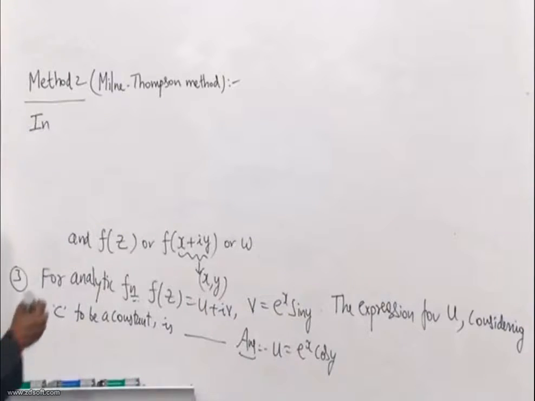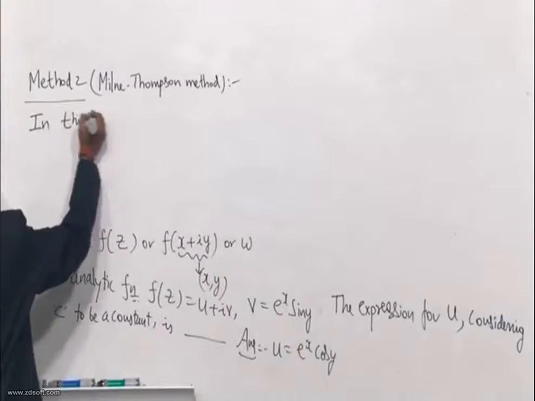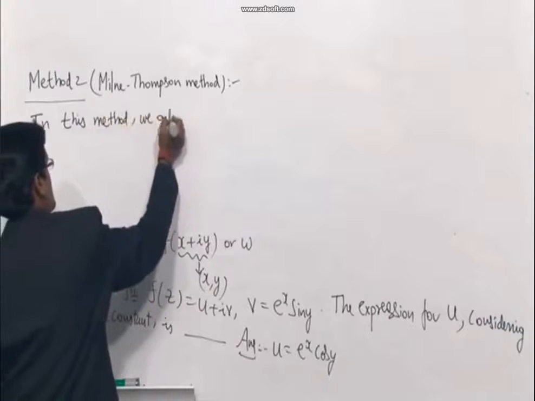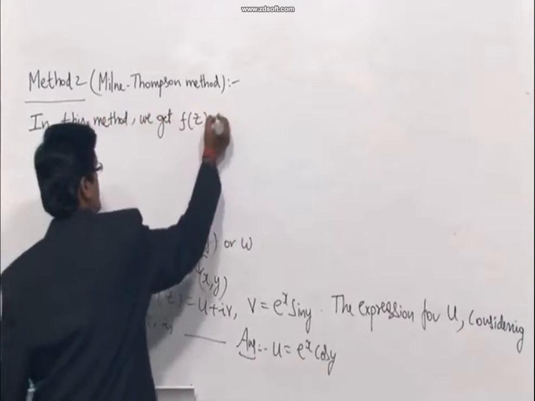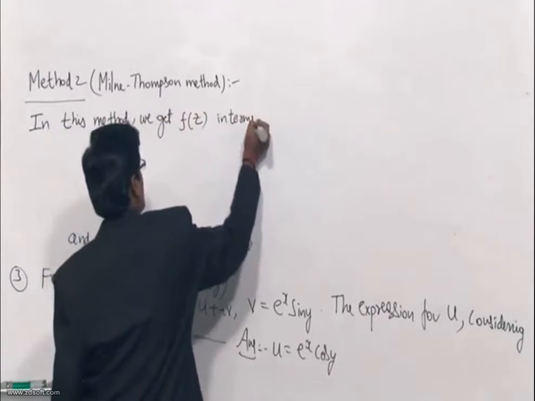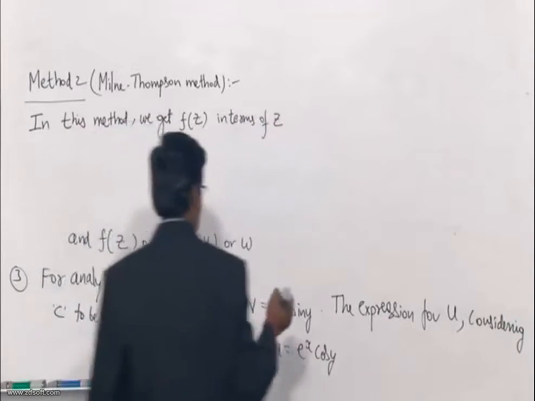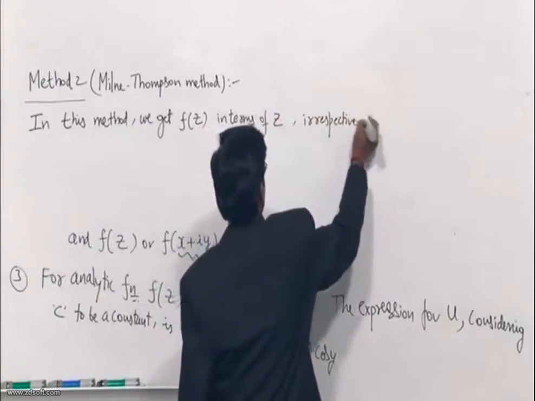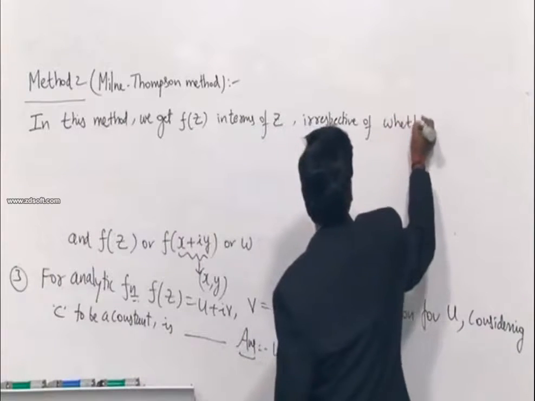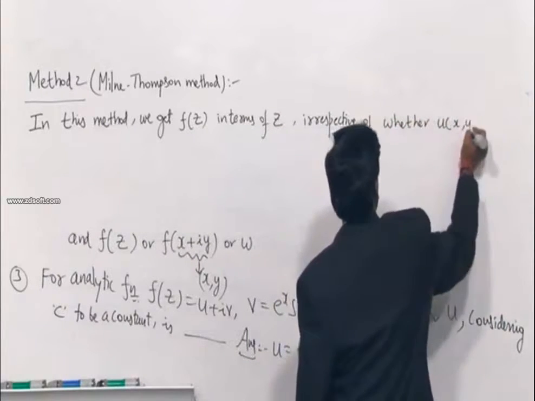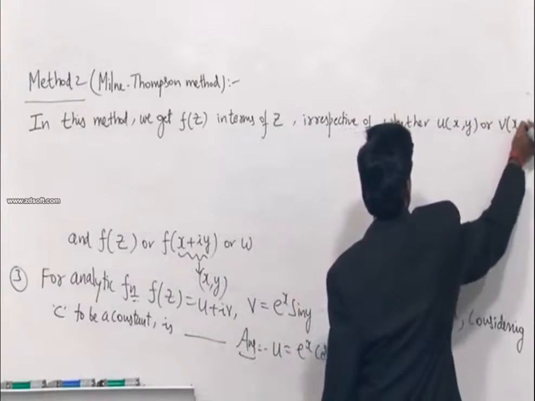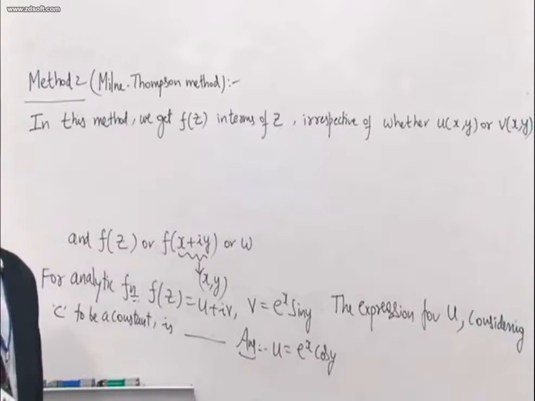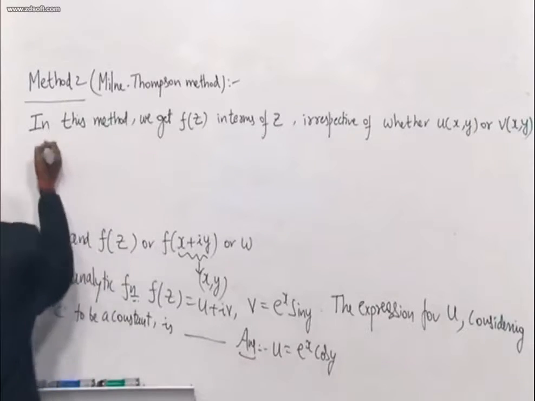In this method, we get f of z in terms of z, irrespective of whether u of x comma y, the real part, or v of x comma y is given.